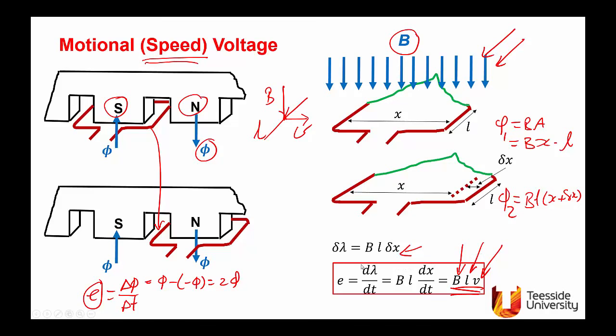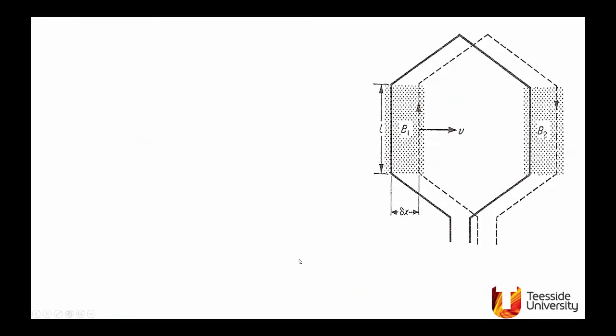Now we look at a typical machine arrangement. This is a machine winding, and we have the coil shown in the first position. This is position 1, and in the dotted line is position 2, and the flux density is B1 this side, B2 the other side.